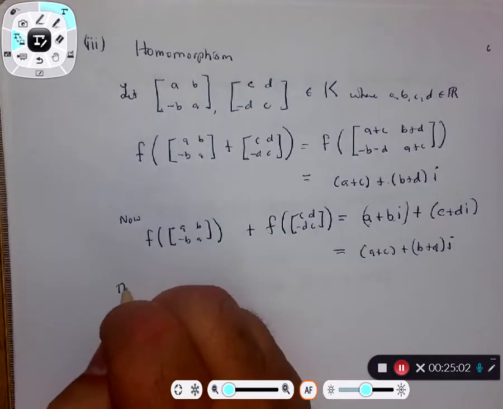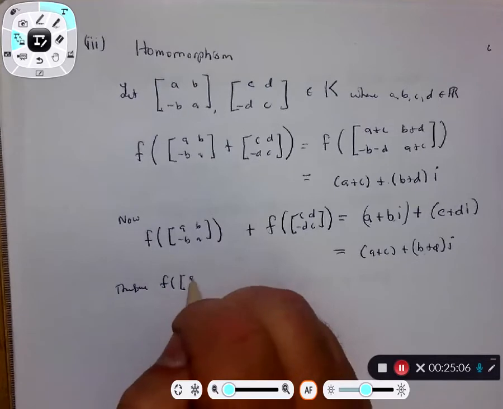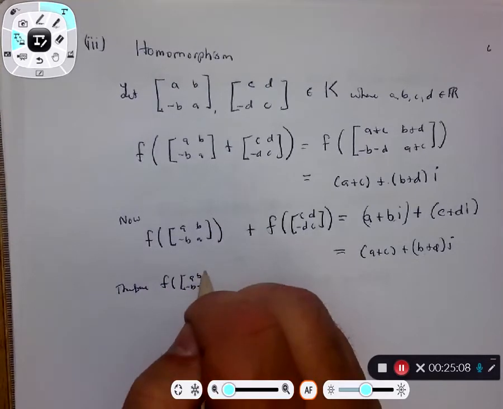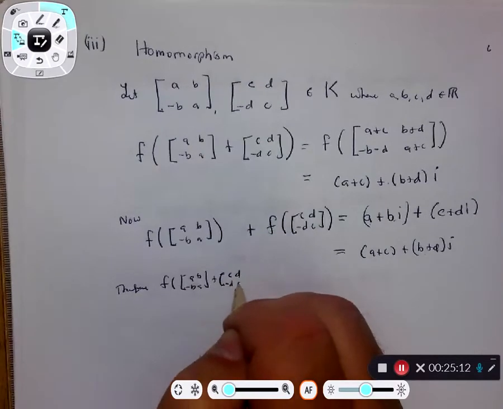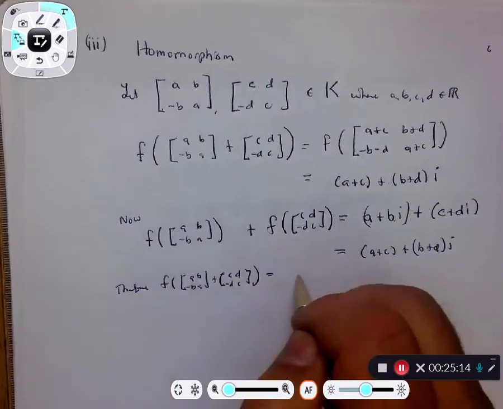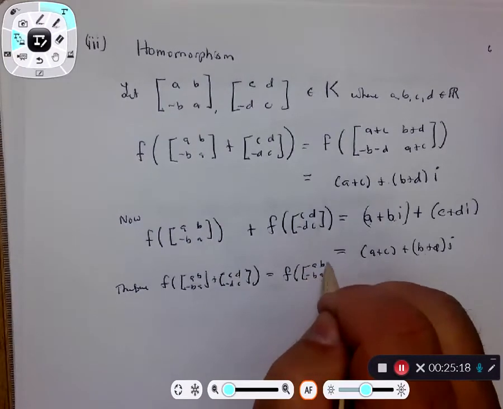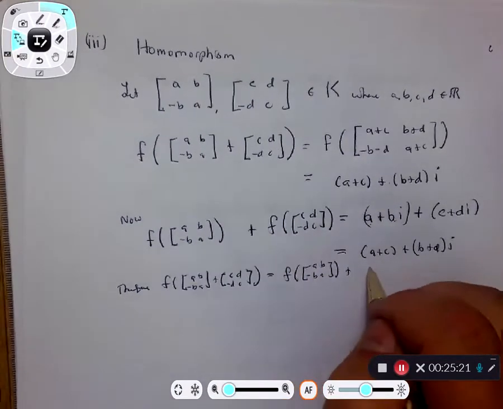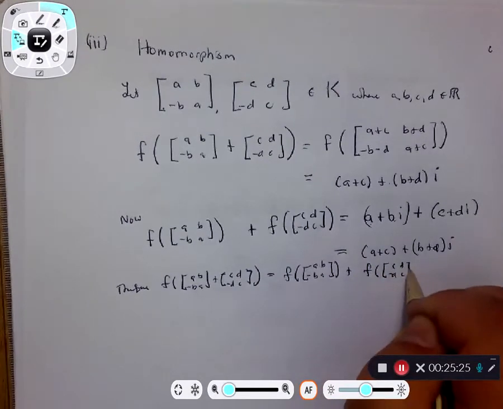Therefore, f of (A, B, negative B, A) plus (C, D, negative D, C) is equal to f of (A, B, negative B, A) plus f of (C, D, negative D, C).